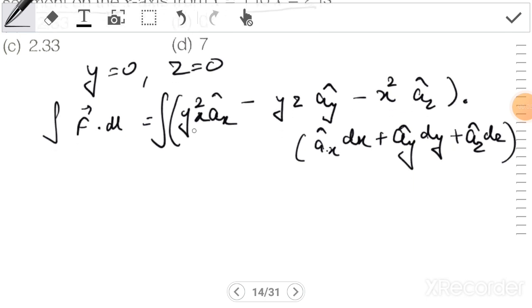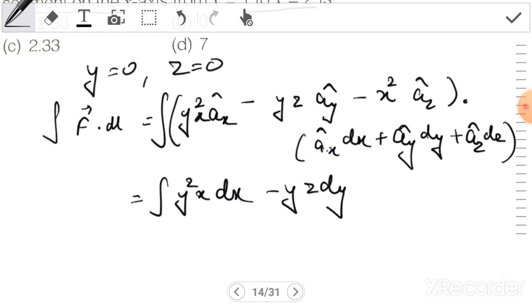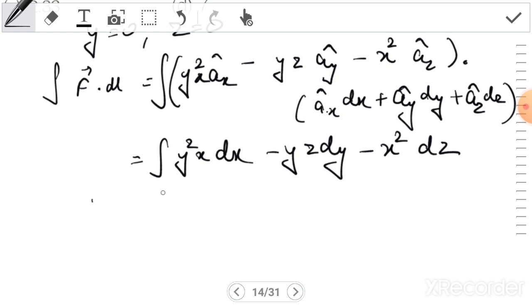So now y square x ax cap dot ax cap dx, which is y square x dx, and minus yz ay cap dot ay cap dy, which is minus yz dy, again minus x square az cap dot az cap dz, which is minus x square dz. Now since we have y equal to 0, dy is also 0 and dz is also 0.